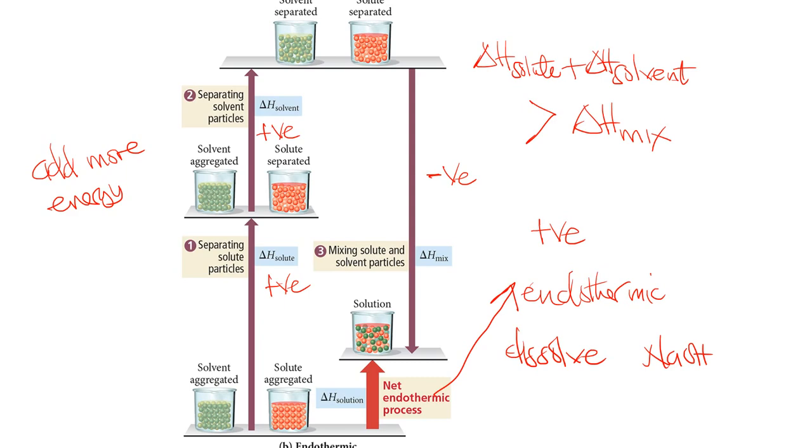If randomness does not increase, then a solution is not going to form. That's how it works. So you can have an endothermic reaction where randomness of the solution increases, and we have our solution. You can have an exothermic process where randomness of the solution also increases, and we have our solution there.